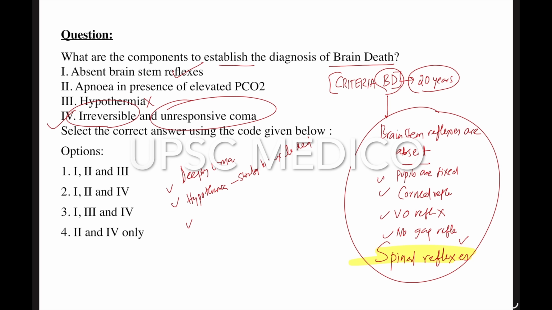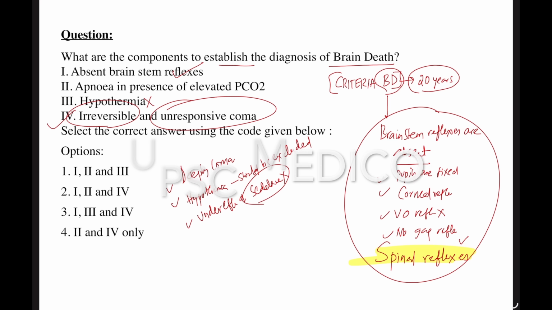Before diagnosing brainstem death or brain death, the person should not be under effect of sedative or depressant drugs. He should not be under those effects. So hypothermia is not the correct answer, because hypothermia should be excluded. Okay, if you want to diagnose, the patient is deeply comatose, not under effect of any depressant drugs, hypothermia should be excluded.